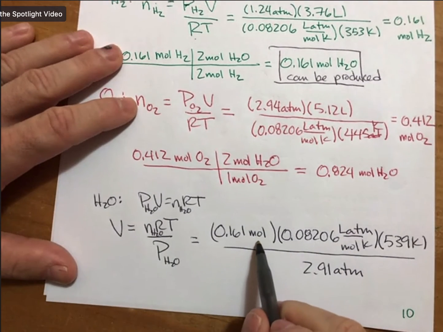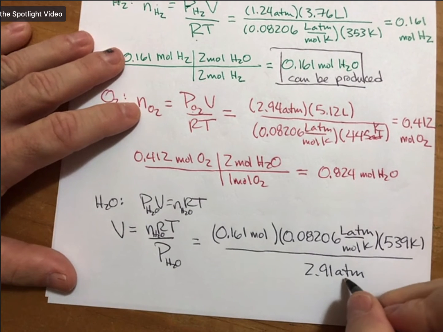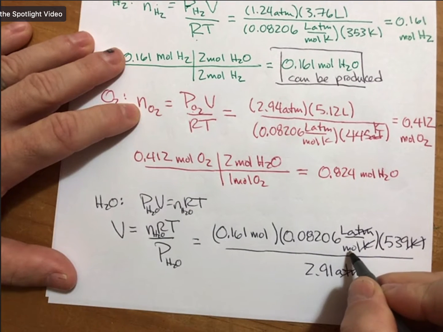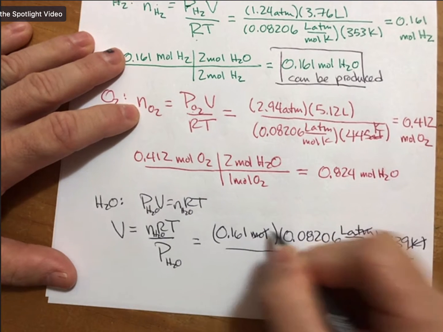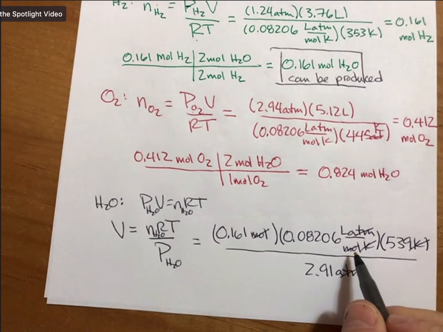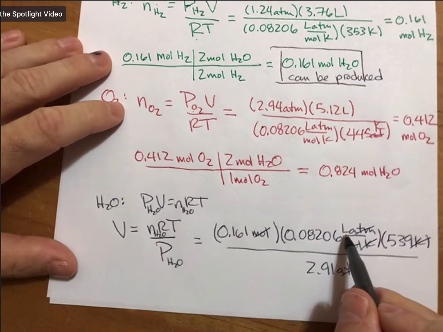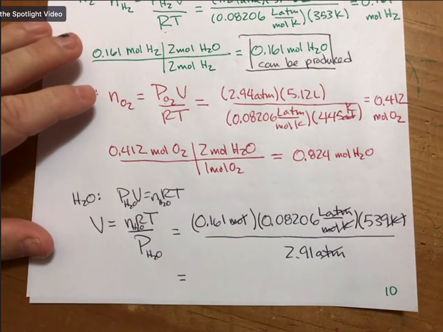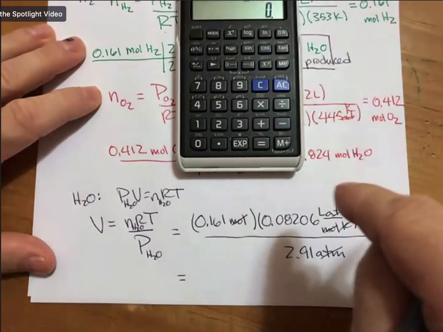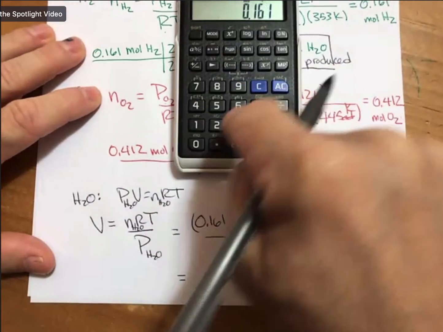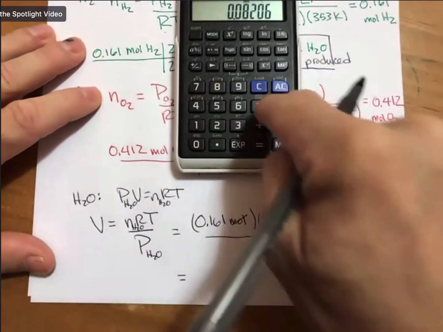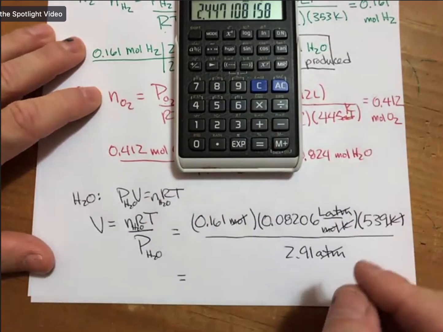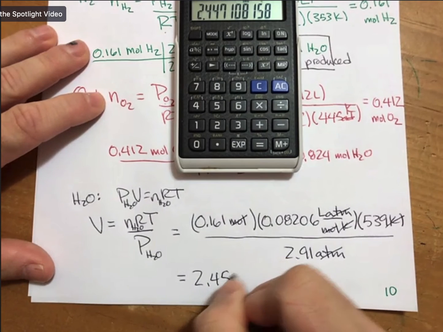Now, I haven't done it yet, but I'm going to cancel out my units this time. I do have my atmospheres. I do have my Kelvin. I do have my moles. Moles in the denominator here, moles in the numerator, or the denominator of the numerator, if you will. The only thing left is liters. My answer will be in liters, which is what it's asking for. 0.161 times 0.08206 times 539 divided by 2.91, 2.45 liters.